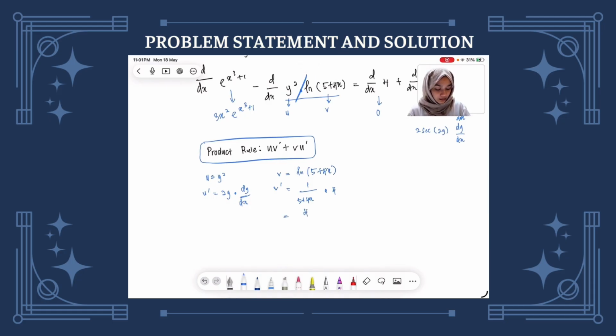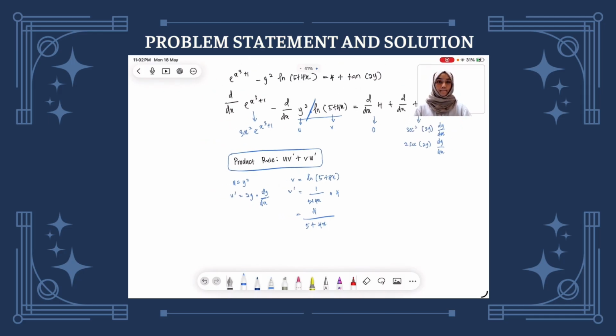And then this is the answer after we differentiate it: 4 over 5 plus 4x.